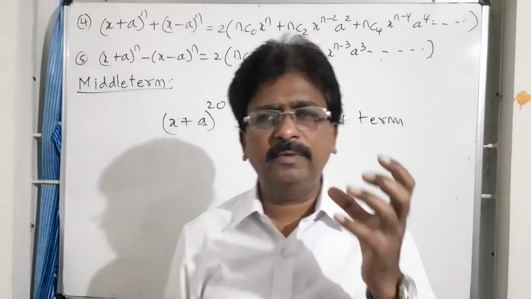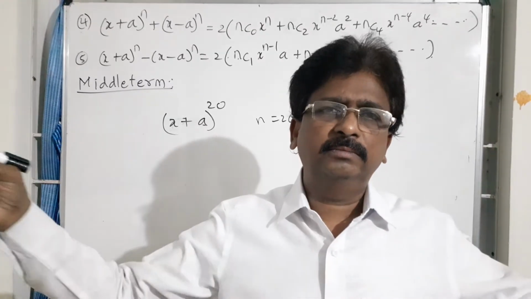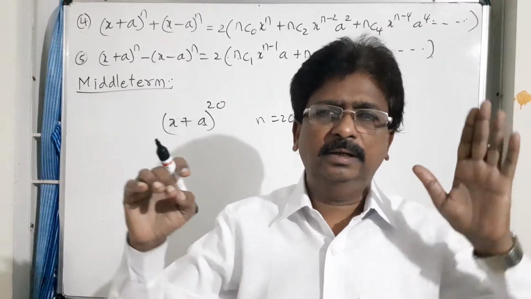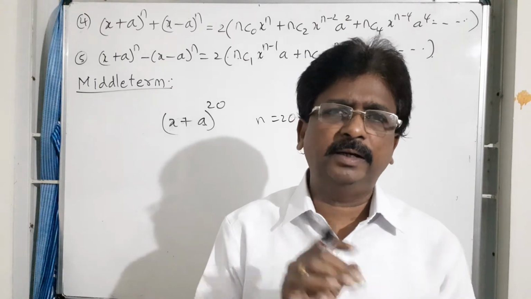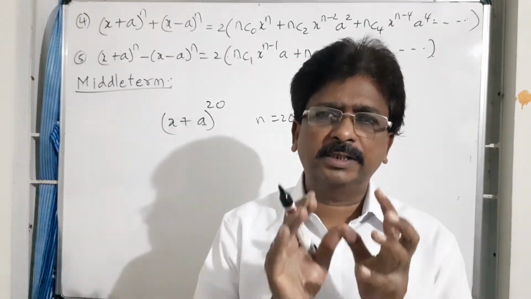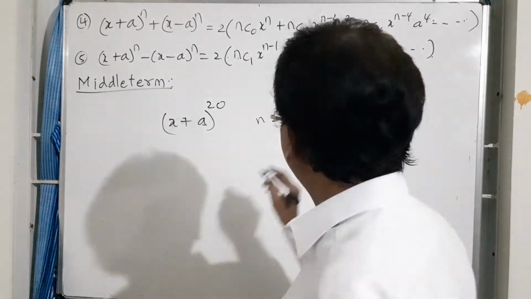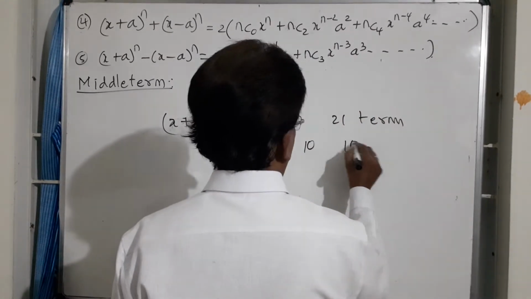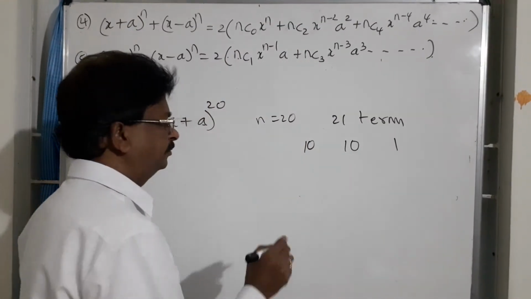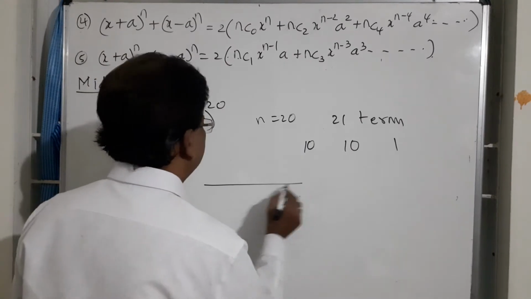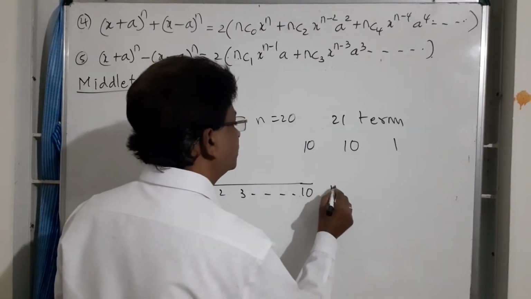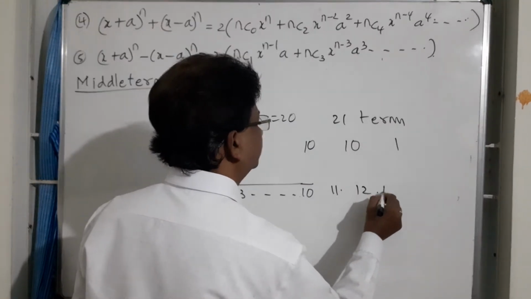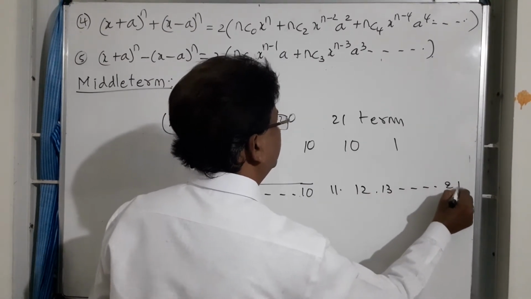Now these 21 terms you can make into two parts, but cannot be shared equally. 21 cannot be shared equally. Therefore, one term let us keep like that, and the remaining terms are 10 and 10. So from the first term to the 10th term, and next the 11th term, 12th term, 13th, and so on up to the 21st term.